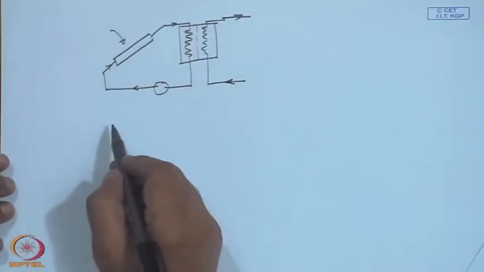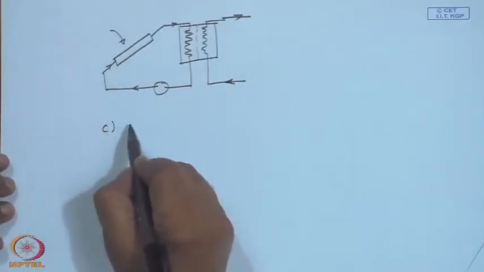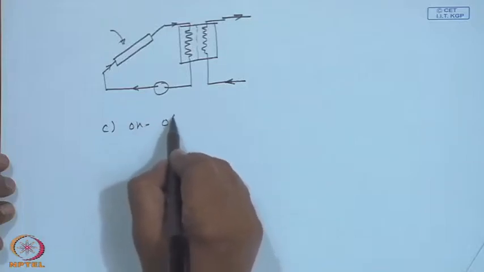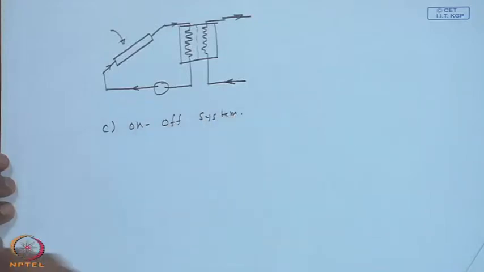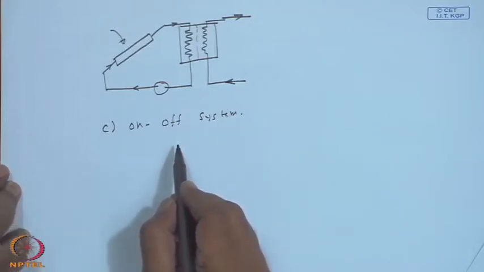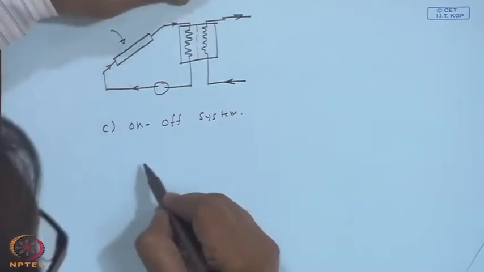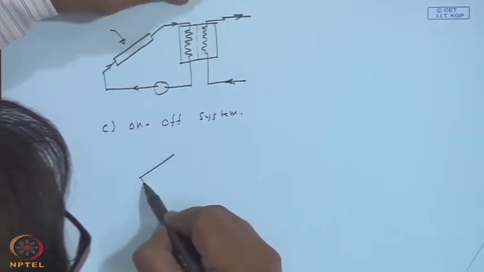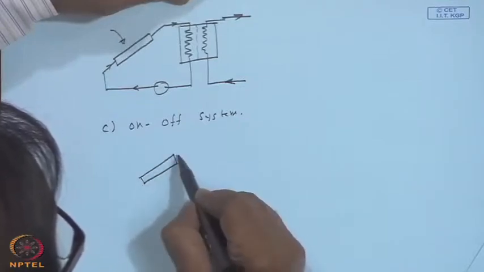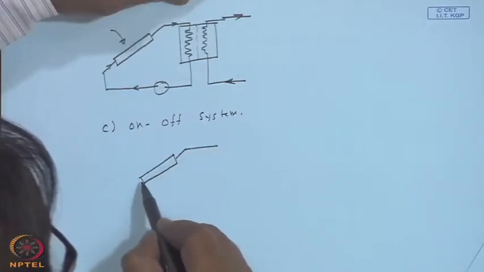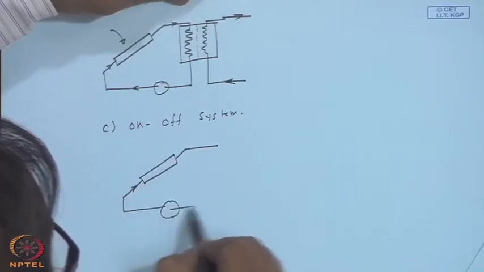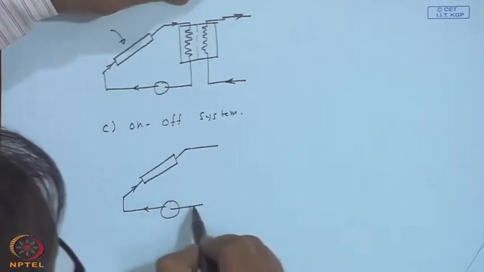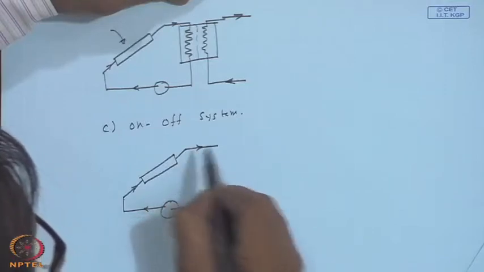And then you may have an on off system. Once again, this also requires a little bit of clarification. So, one can say that if this is the collector, the output and entering cold fluid through a pump, and you are having the directions like this.